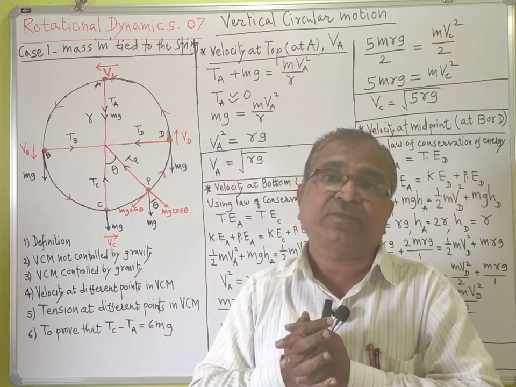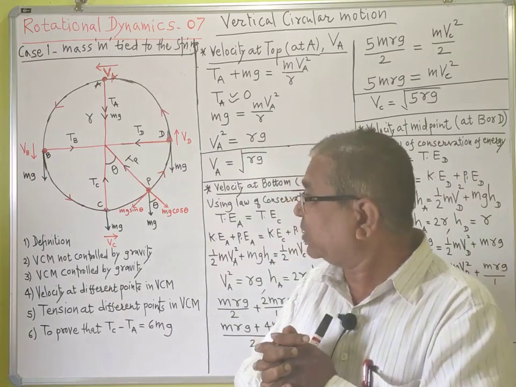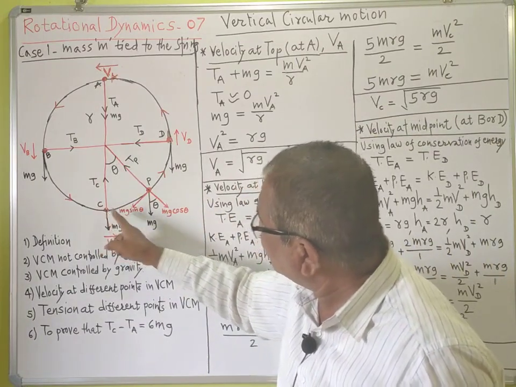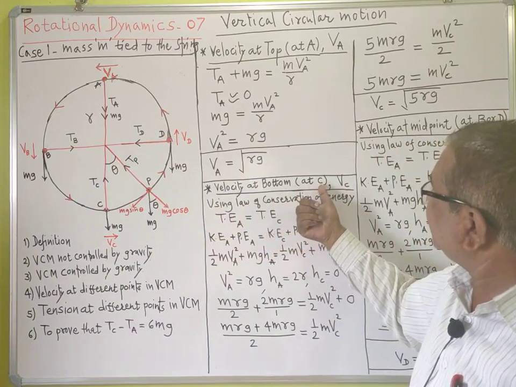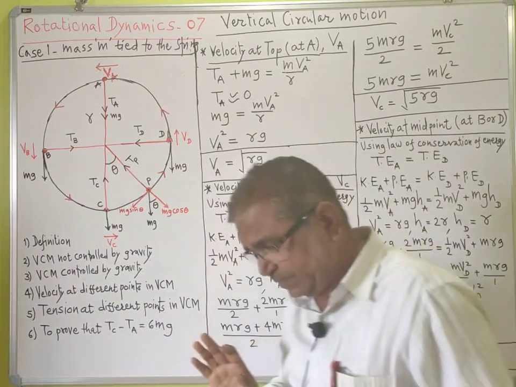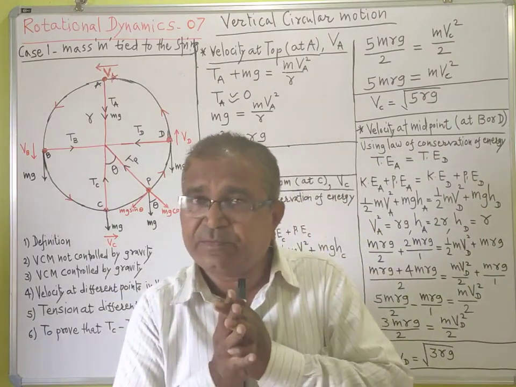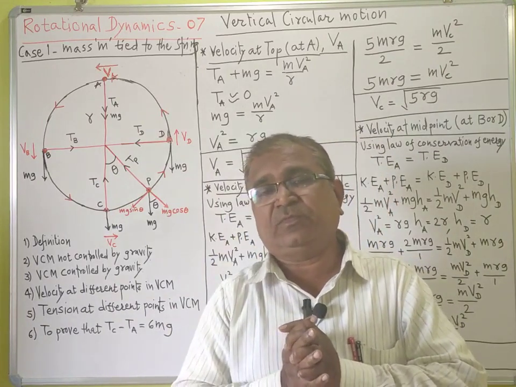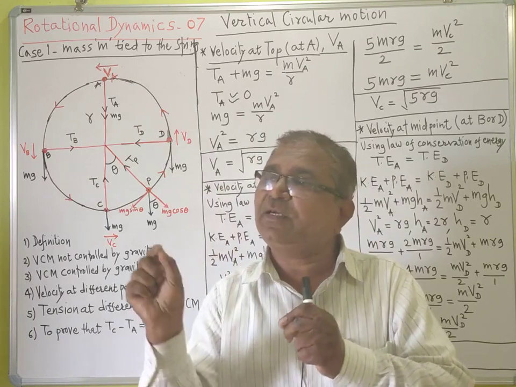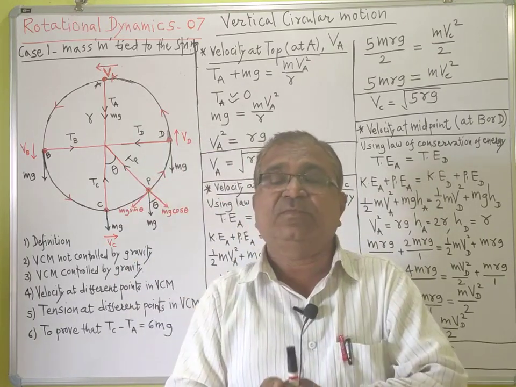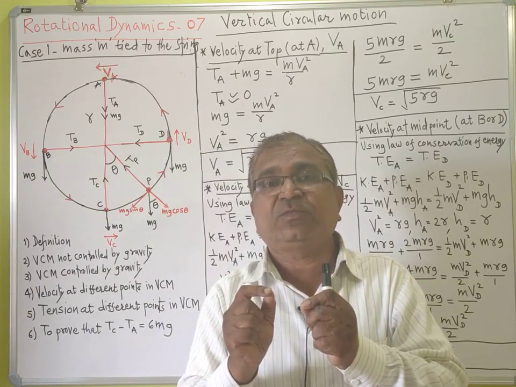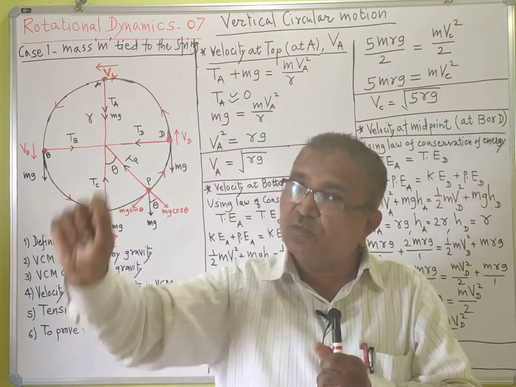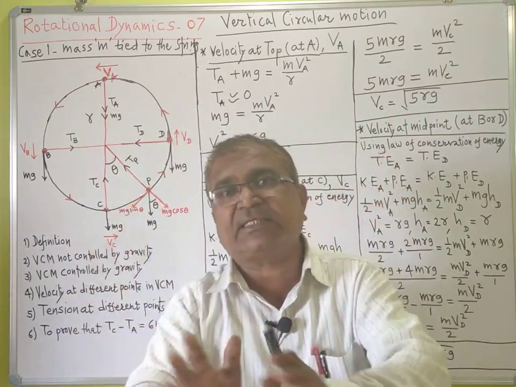Okay, dear student, now we have to calculate the velocity at the bottom. This is the bottom point, or we can say the velocity at point C, denoted by Vc. Okay, listen carefully. During vertical circular motion, though the velocity at different positions is different, the energy at every point on the circumference remains constant.